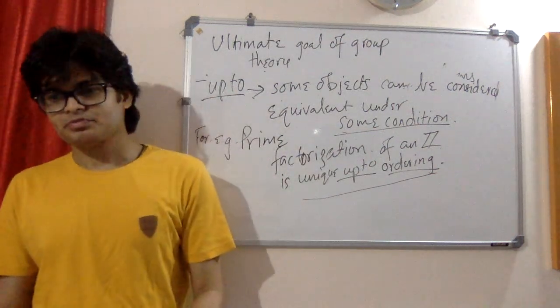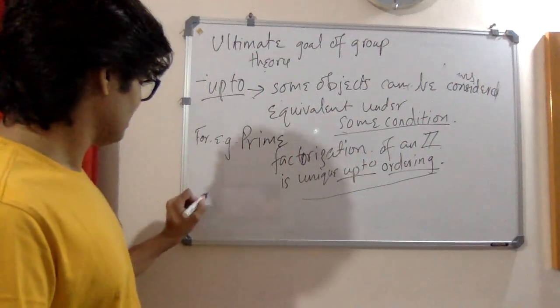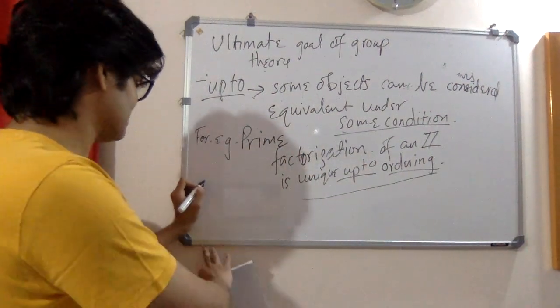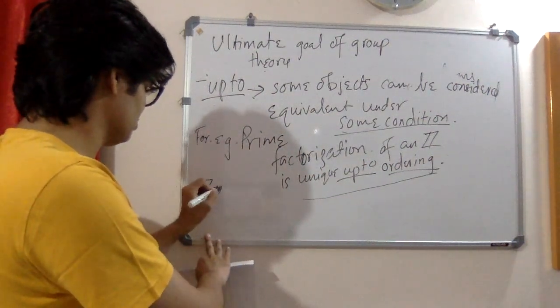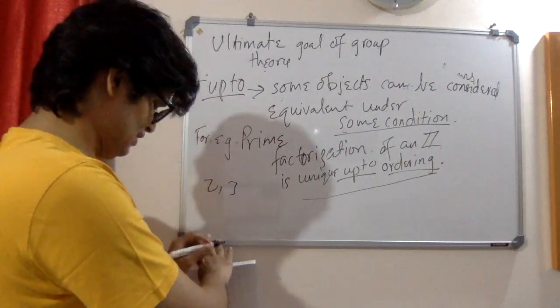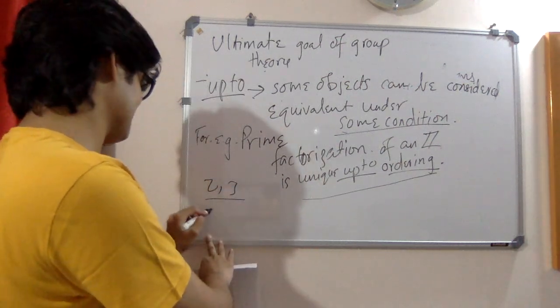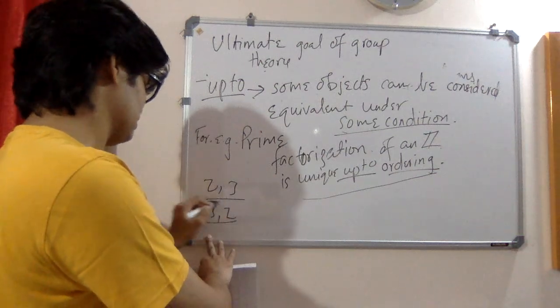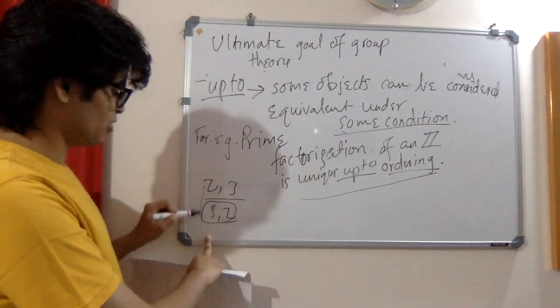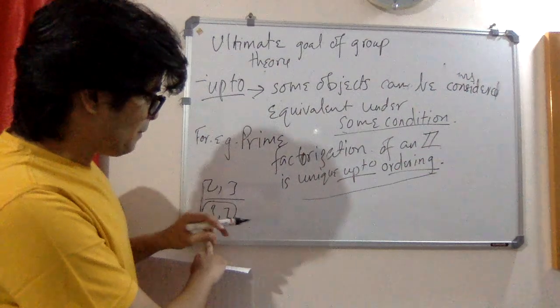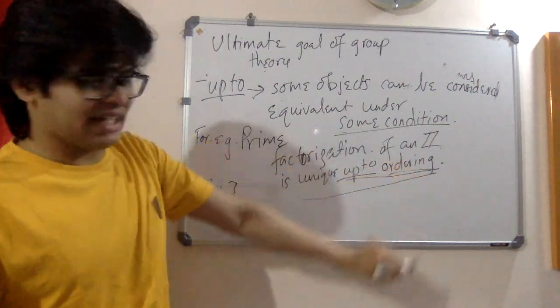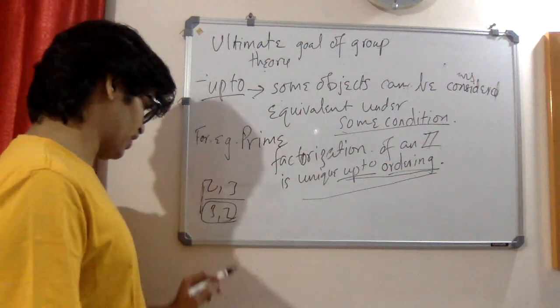So, that means if I have a factorization of some number, say 2, 3, etc. Now, if I consider this as 3, 2, then obviously these two are not the same. But up to ordering means I have to ignore the order of the prime factors.